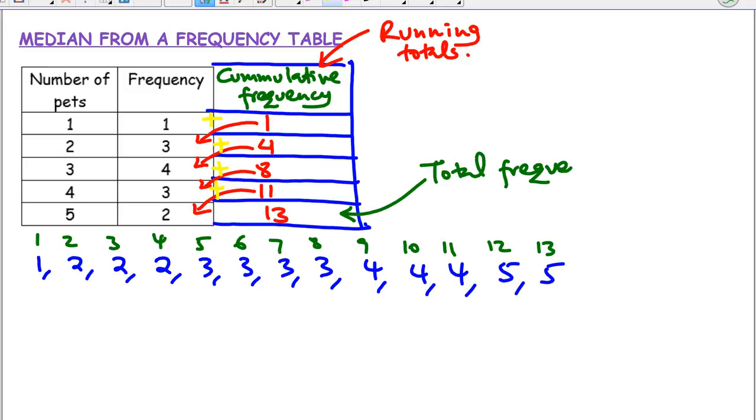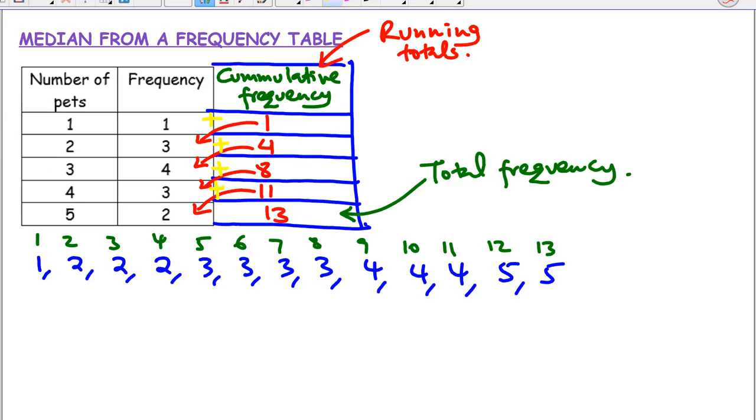And now this is the most important part. If you notice from the table on the left, number one is just in the first position, because there is just one number one.